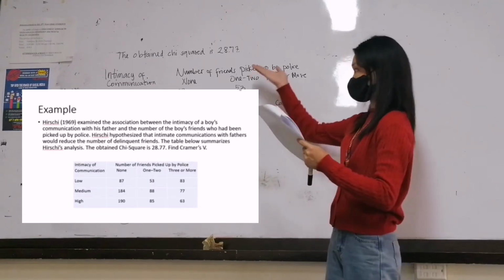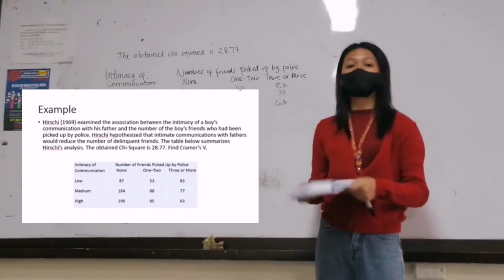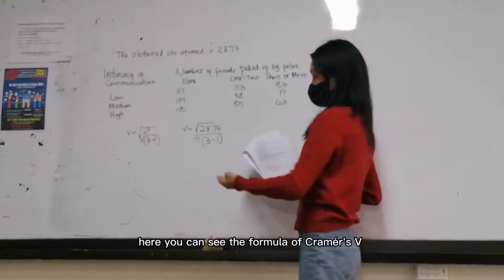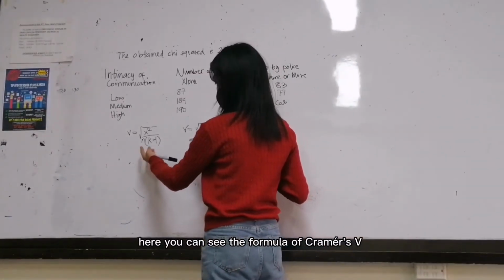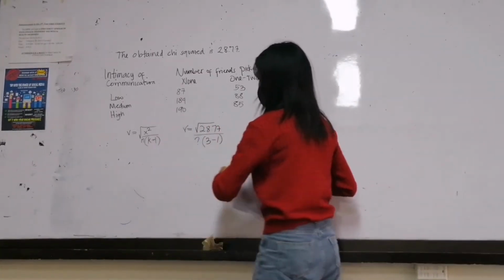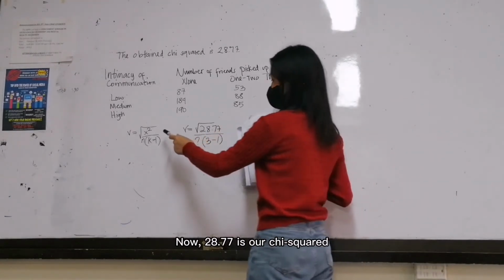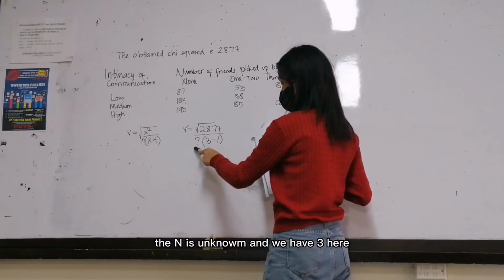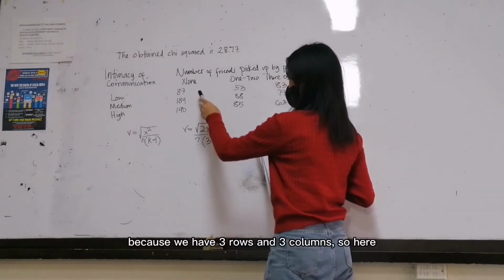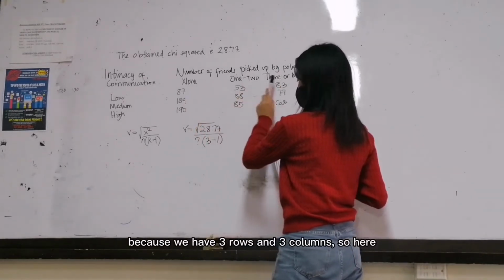The obtained chi-squared is 28.77. So find the Cramér's V. Here you can see the formula of Cramér's V. 28.77 is our chi-squared. The n is known, and k is 3 because we have 3 rows and 3 columns.